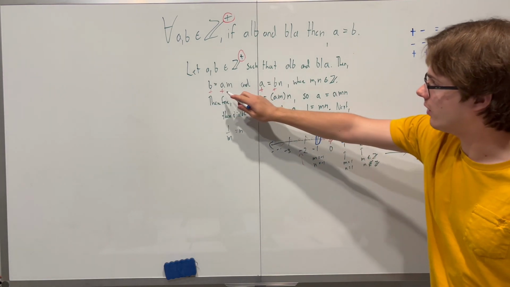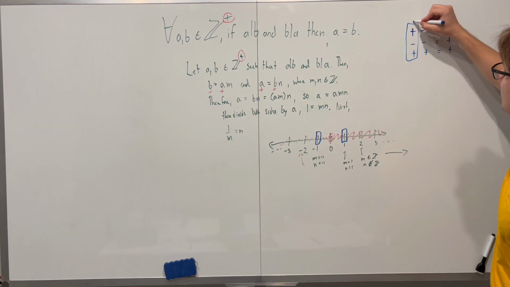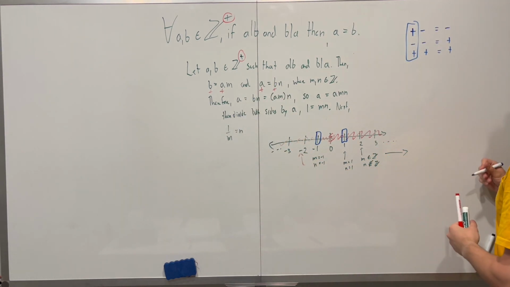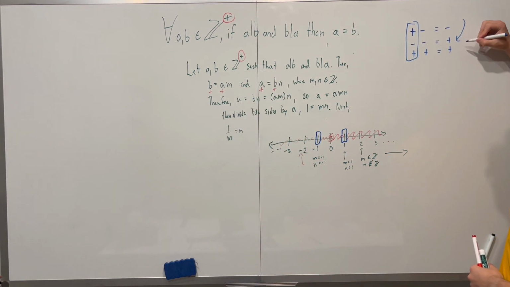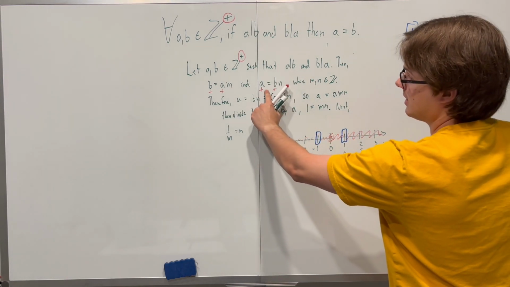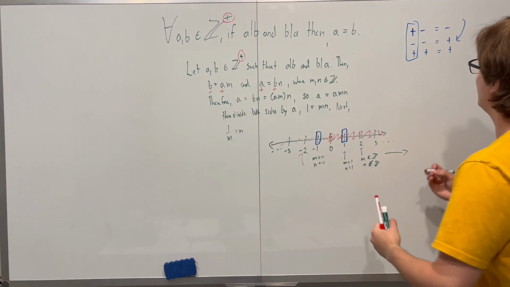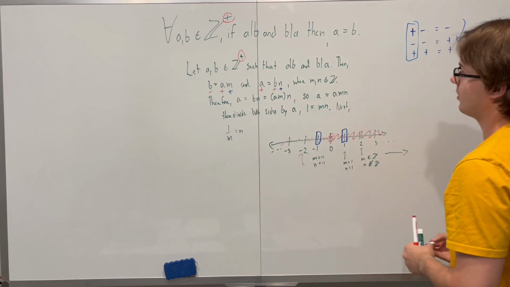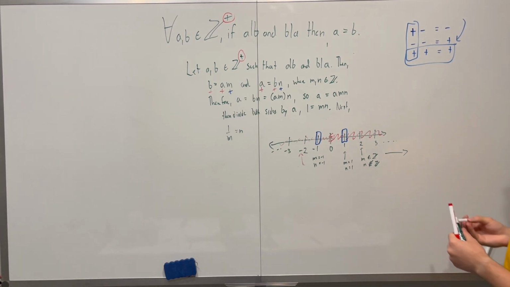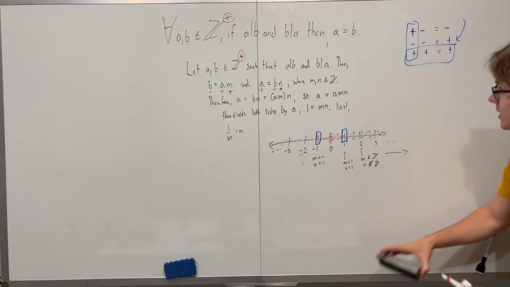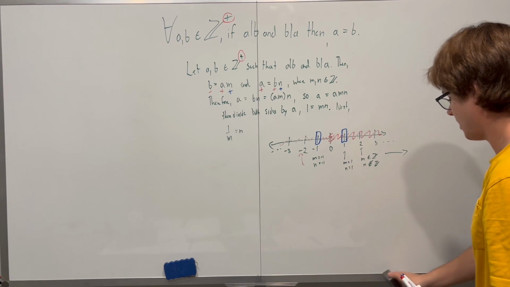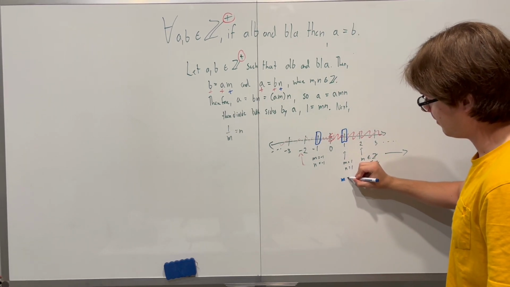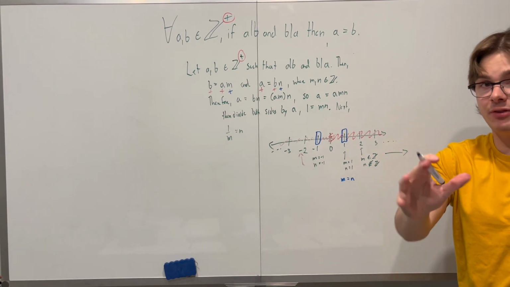In this case, we already know one of these positives is fixed, which means the only way to get the product, the a here or b here, to stay positive is for m to be positive and n to be positive. So we're looking at this case down here. Fantastic, which means that m and n must be equal to 1, which means m has to equal n. We got there eventually.